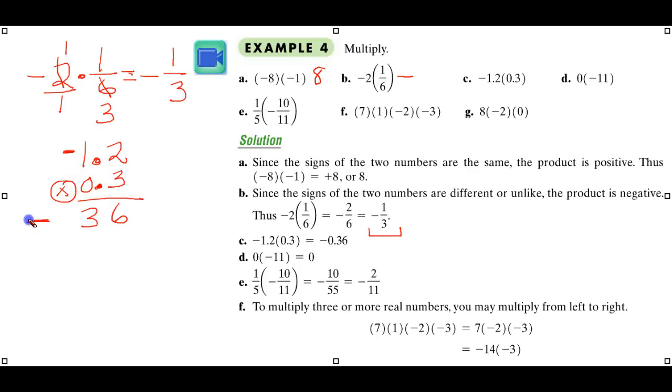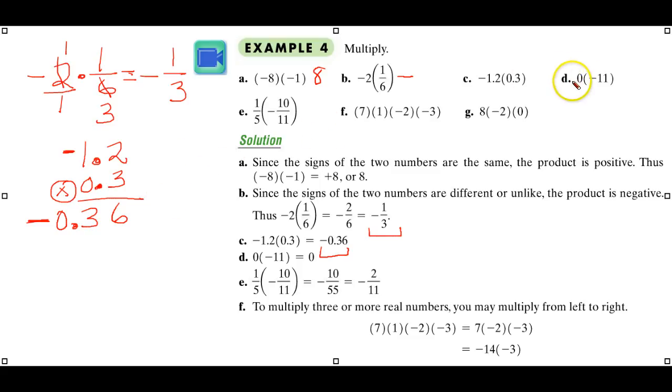And we know it's negative. And then we count the number of decimal places we have. Well, there's 2 decimal places in our factors, so we have to have 2 decimal places in our answer. And that's how they get this. Again, putting that into your calculator, you get the answer right away.